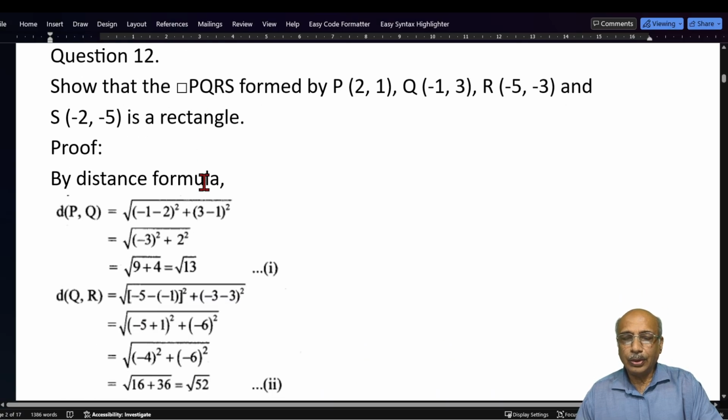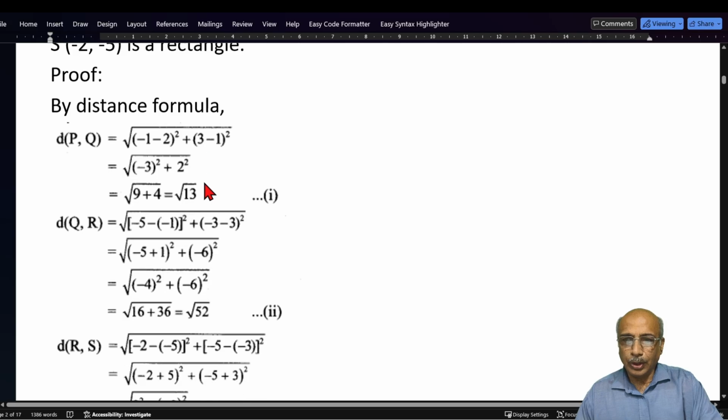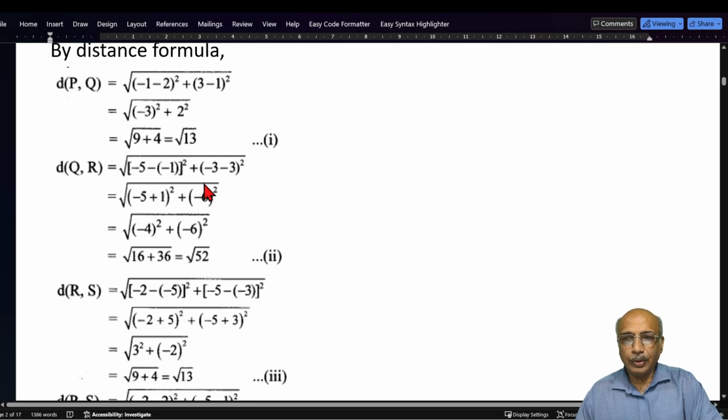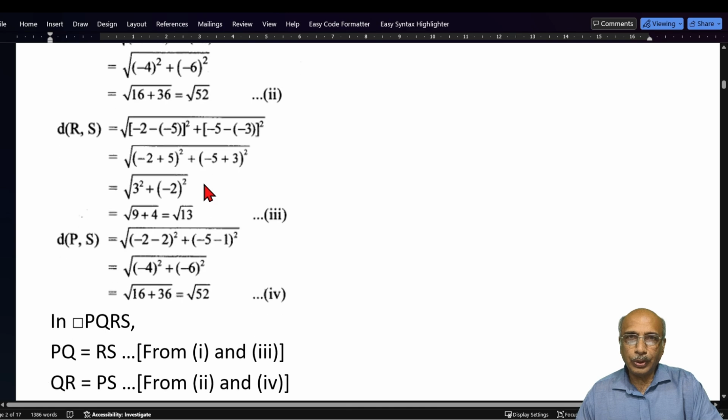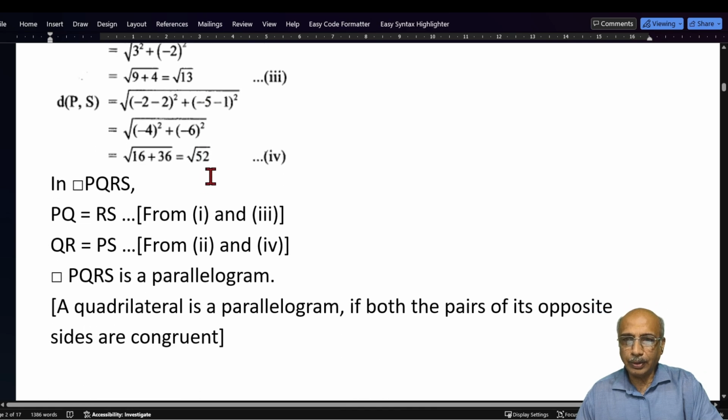Next, question 12. Show that the quadrilateral PQRS formed by the given points is a rectangle. So again by the distance formula, we calculate PQ equals root 13, QR equals root 52, RS equals root 13 and PS equals root 52.